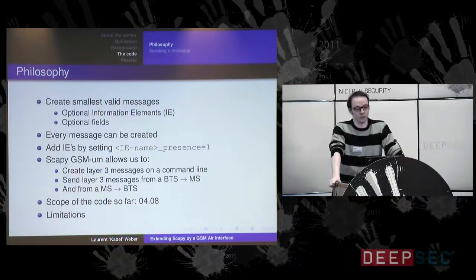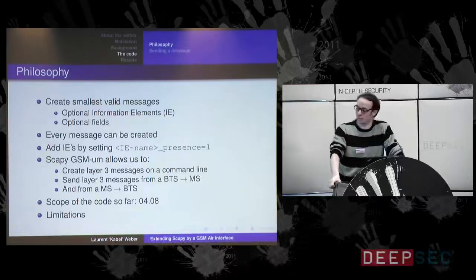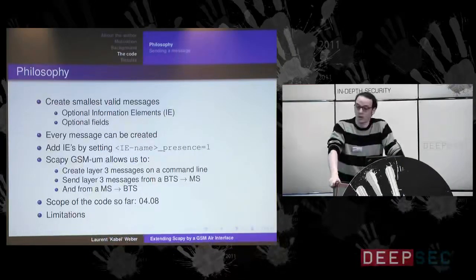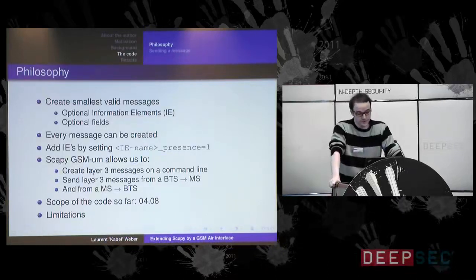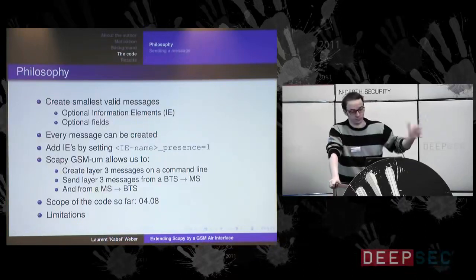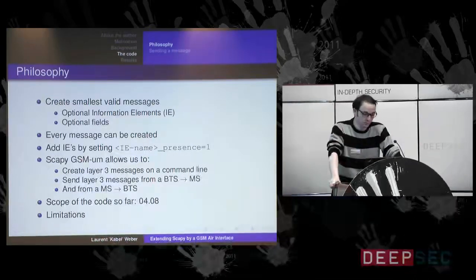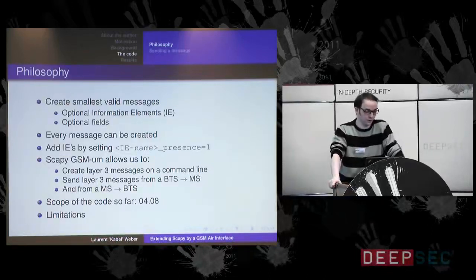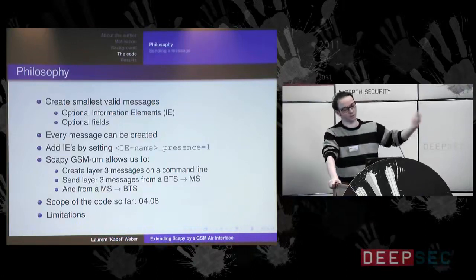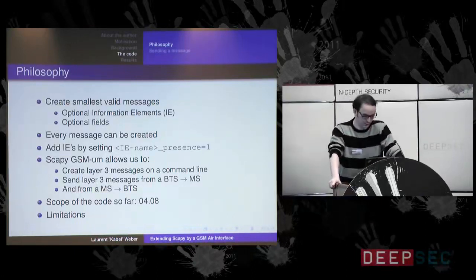So the basic packet you create when you use my tool is the smallest possible packet where all the optional stuff is cut out, and this allows you to be very fast. This is not a limitation because it's still possible to create every possible message. You can simply add the name of your information element underscore presence set to 1 as a function parameter, if you want to have that information element.